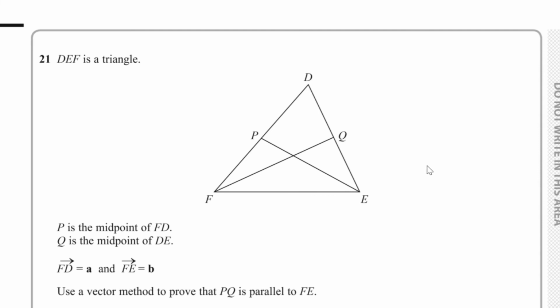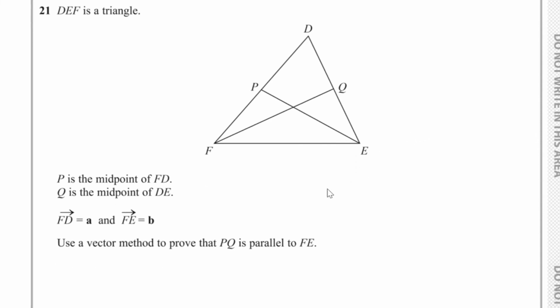Question number 21. DEF is a triangle and P is the midpoint of FD and Q is the midpoint of DE. FD is A and FE is B. We have to use a vector method to prove that PQ is parallel to FE.